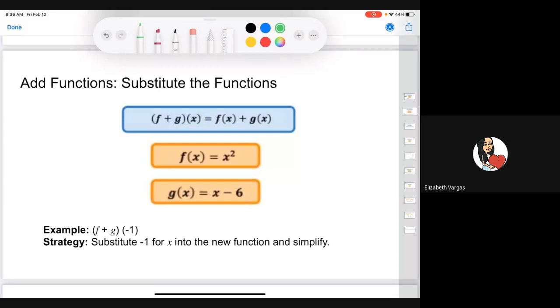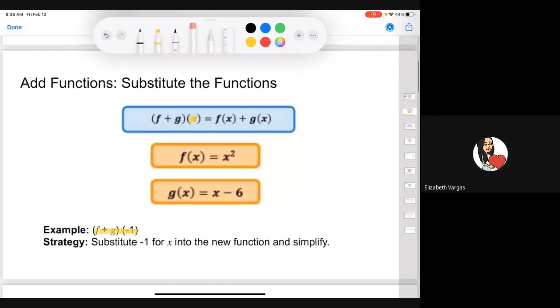Now we're going to substitute a variable into that function. Again, it's telling us here to do f plus g, but now instead of x, we have minus 1. So we're going to substitute minus 1 into our x's. But first, we want to create the equation that we're going to use.